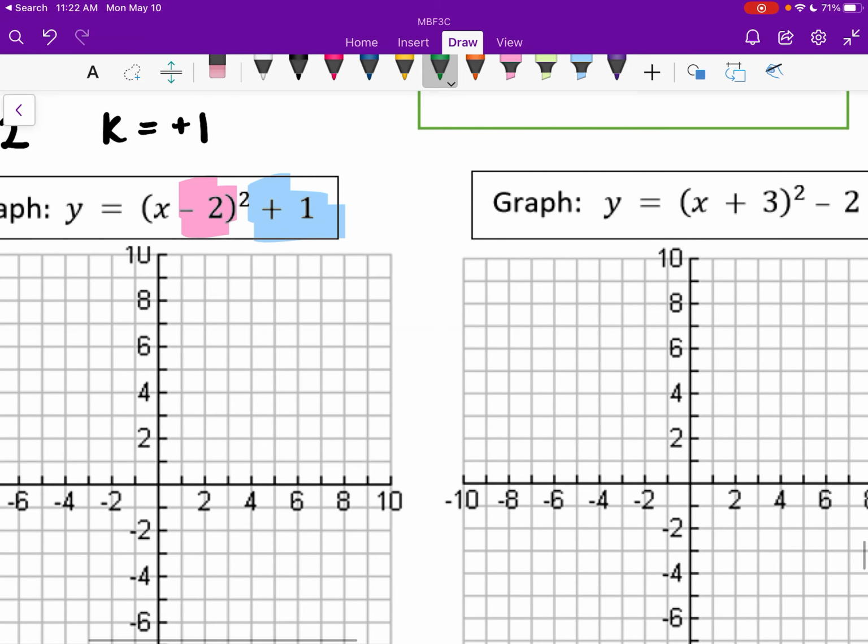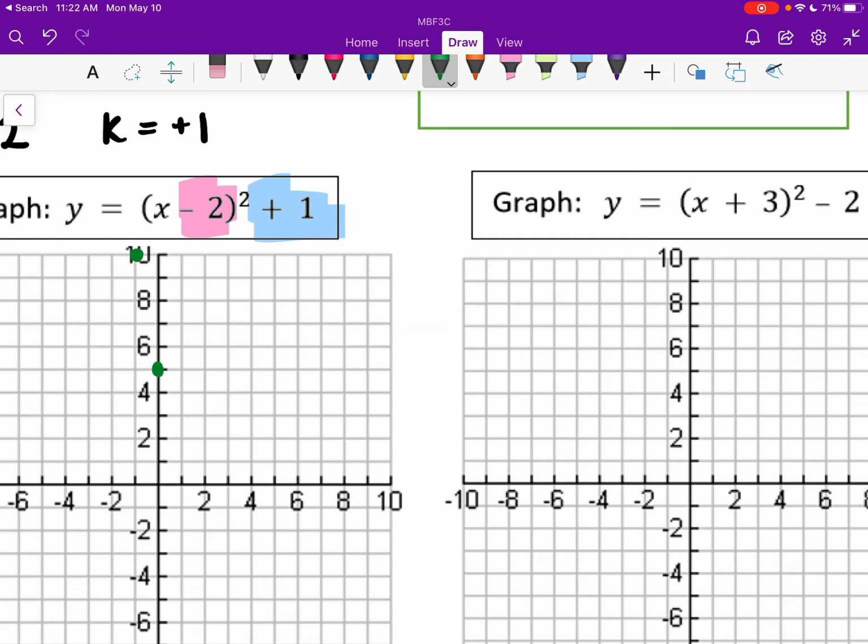So I know that my -1 value is going to be 10. So I'm just going to go to -1, put the dot there. My 0 value is going to be 5. Put the dot there, right?